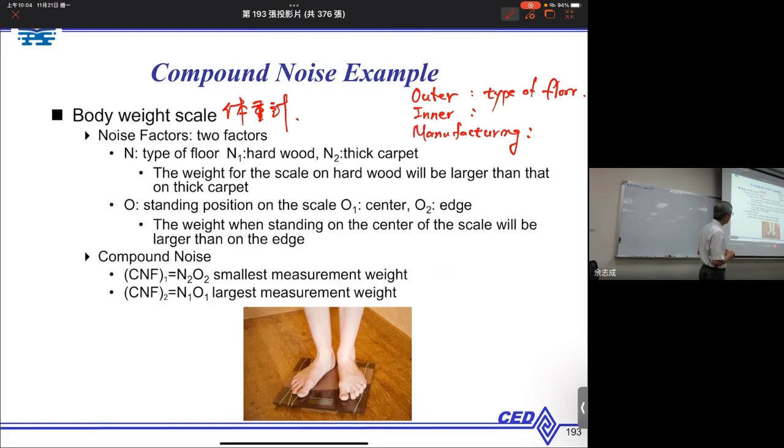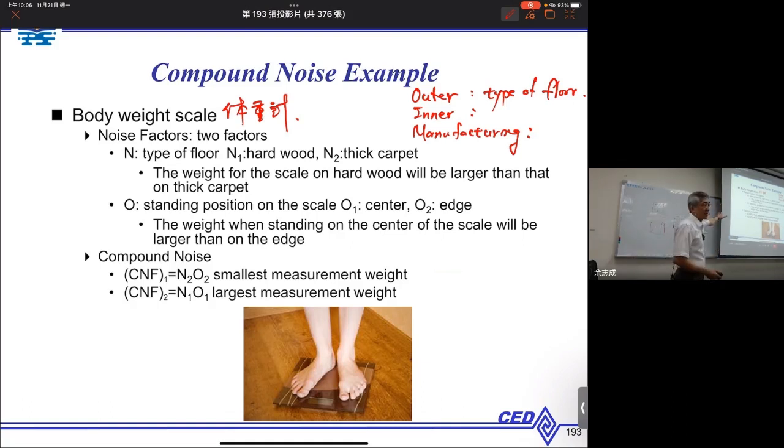The second noise factor is the position you stand on the bathroom scale. You can either stand in the middle or you can stand on the side. And you find out that if you stand in the middle, the weight you get will be heavier. But if you stand on the side, then it will be lower.